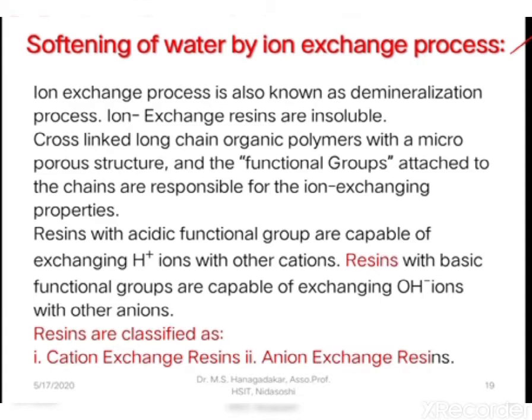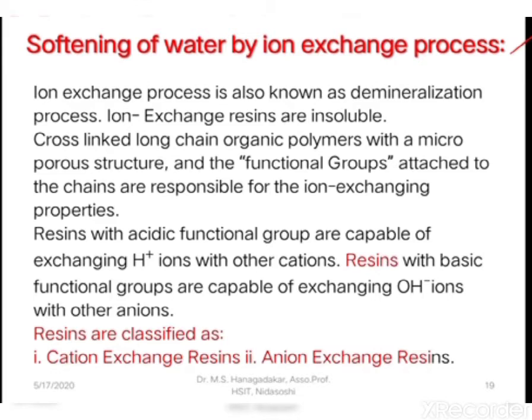As a result, if you want to use water for boilers, it should be free from hardness-causing metal ions. Hence, we need to use soft water for any industrial process.